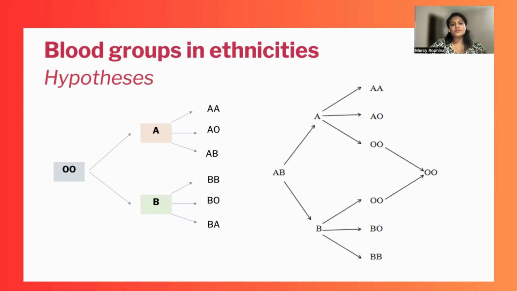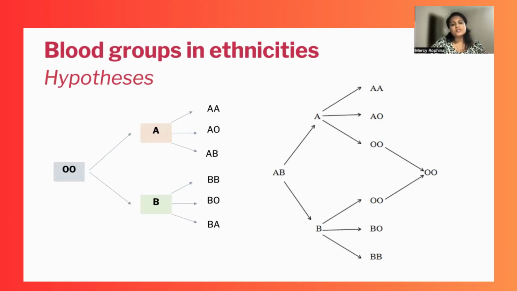Again, with due course of time, they diverged into multiple subgroups, and finally they converged into the O blood group. This is another hypothesis which talks about how the blood groups would have diverged and converged over the years.